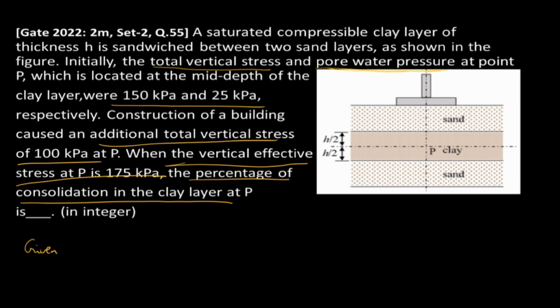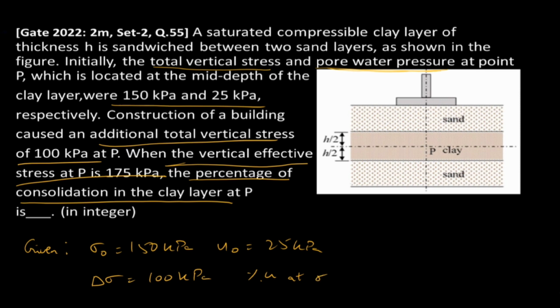Given: initial total vertical stress equal to 150 kilopascal, initial pore water pressure equal to 25 kilopascal, change in total vertical stress equal to 100 kilopascal, and we have to find the percentage of consolidation at effective stress 175 kilopascal.